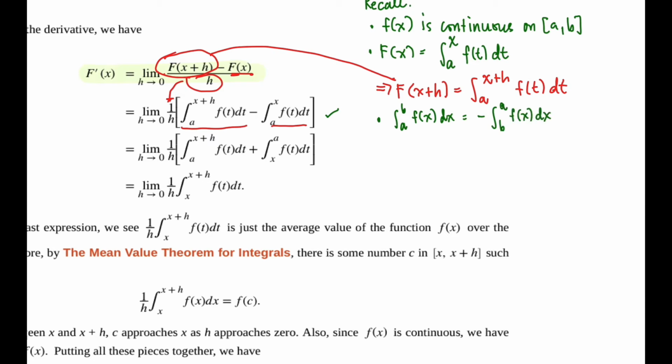So that is what happened here. Observe that the bounds on the second term interchange. Initially, it was from a to x. Now it is from x to a. So this has to be negative, but since it's preceded by a minus sign, it becomes positive. So this is what happens.